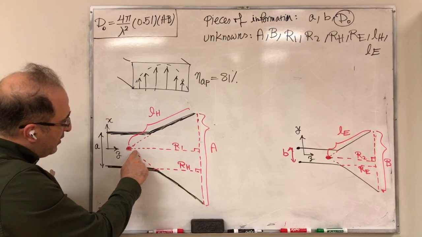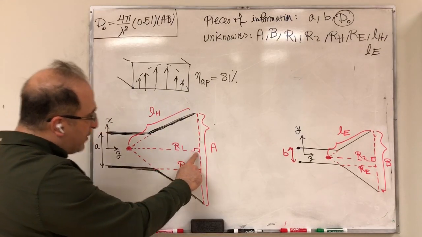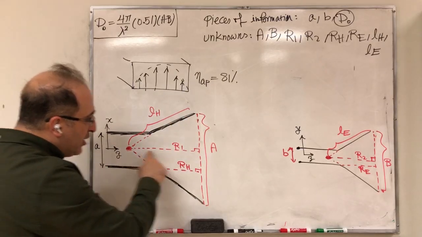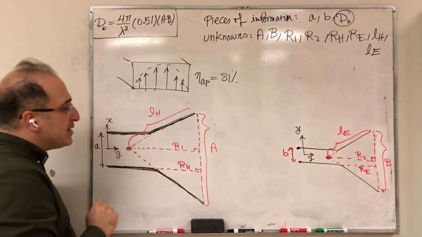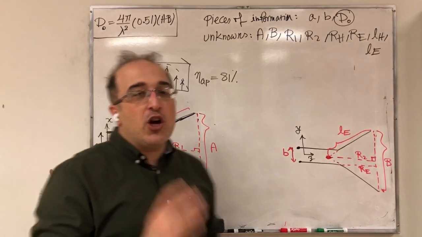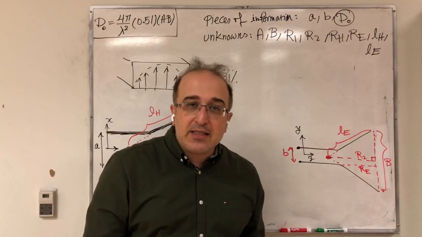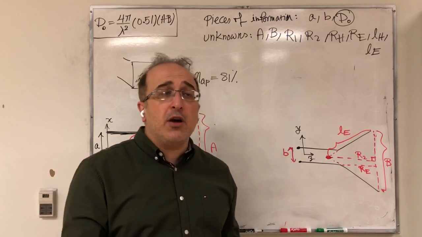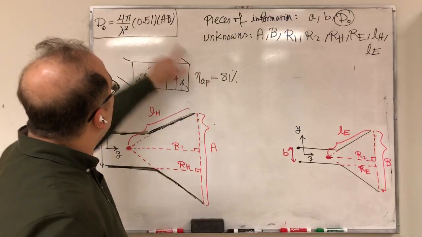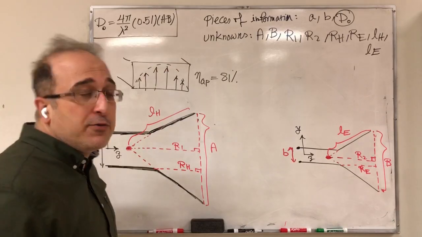For example, we could take R1 to the aperture, or we could take LH to arrive at the aperture. So when you have different distances to the aperture, you're not completely in phase. That's going to hurt you, and that's going to show in the aperture efficiency, which is 51%.